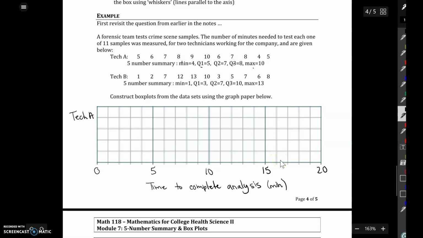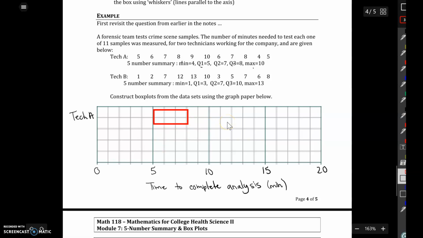So we'll put Tech A, we'll work on Tech A first. You'll remember the first thing we're going to do is draw our box showing our interquartile range. So our box is going to extend from the Q1 value to the Q3 value. So for Tech A, that's going to go from 5 to 8.